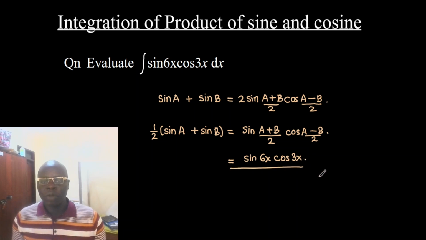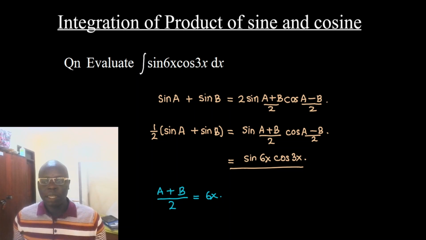So from here we can say that this angle must equal 6x. So let's write it somewhere here: A plus B over 2 equals 6x.